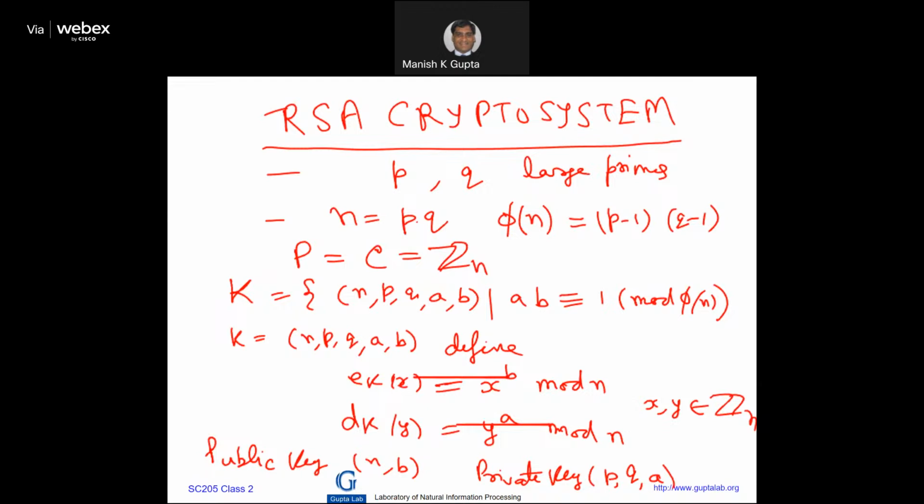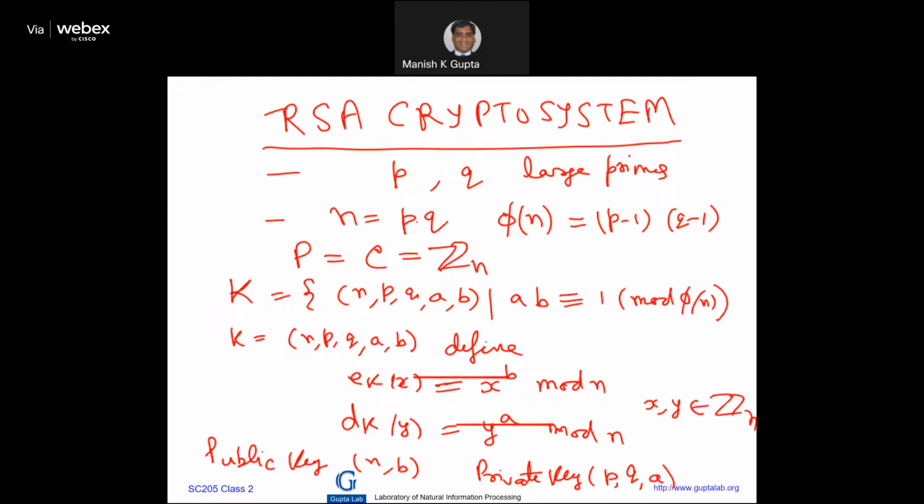So this is the key space. The encryption rule is e_K of x is x raised to power b mod n, and the decryption rule is d_K of y is y raised to power a mod n. X and y are integers anyway. There are two kinds of keys: the public key is (n, b), and p, q, a is the private key.